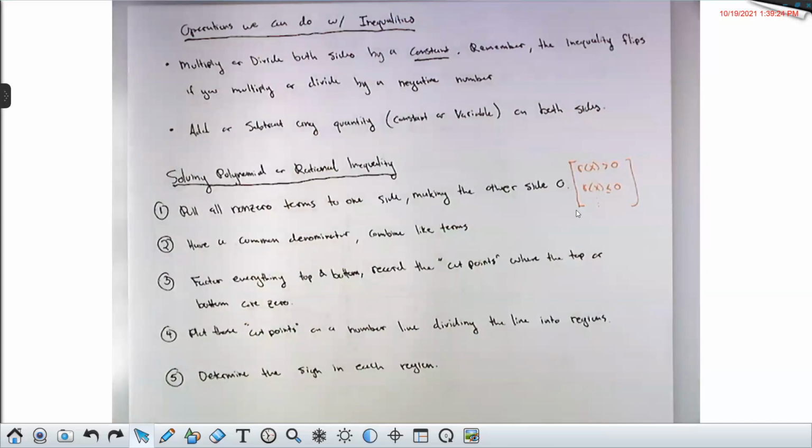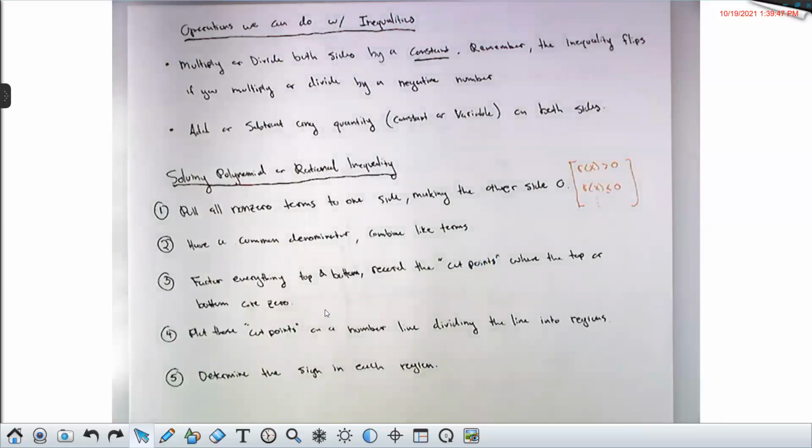Now, once you've pulled everything to one side and rewritten your rational function as a single fraction, factored the top and bottom, the places where it can change from being greater than 0 to less than 0, or from being less than 0 to greater than 0, are exactly these cut points, the vertical asymptotes and the x-intercepts.